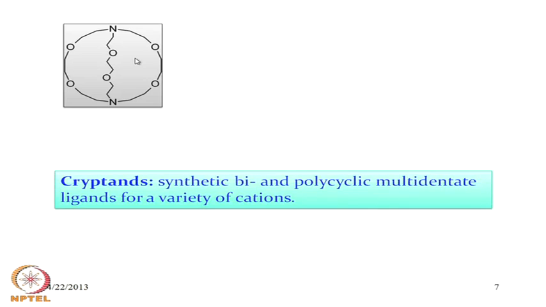So, we have one cycle and this is another cycle. This is basically a bicyclic ligand, and these types of molecules are known as cryptands, and these cryptands are synthetically prepared. It can be bicyclic or also polycyclic. So, it is useful for binding a variety of cations, and it is also bidentate and polydentate in nature.